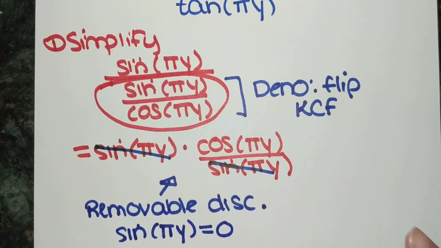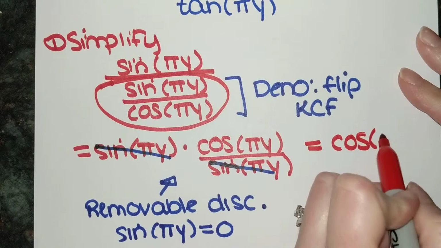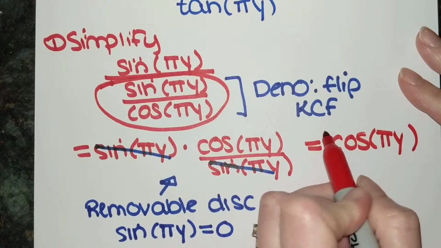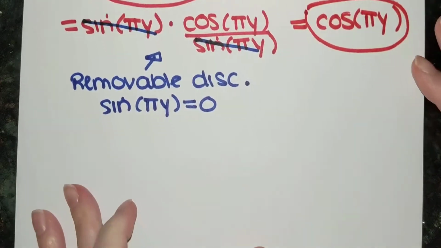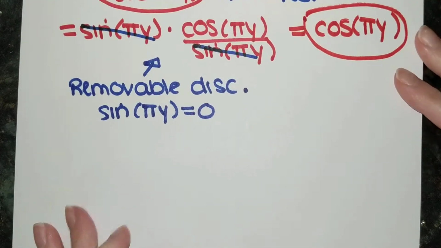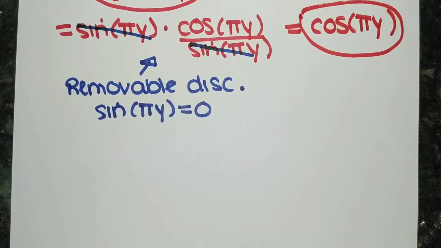So that's actually going to be a trig equation that we need to solve. Before we go on to that though, you do want to ask if there's a non-removable discontinuity, and there's not going to be one, because when you look at just cosine of pi y, there's no denominator left over. So the only type of discontinuity that you're going to have is going to be generated from this sine of pi y being crossed out as a removable discontinuity.